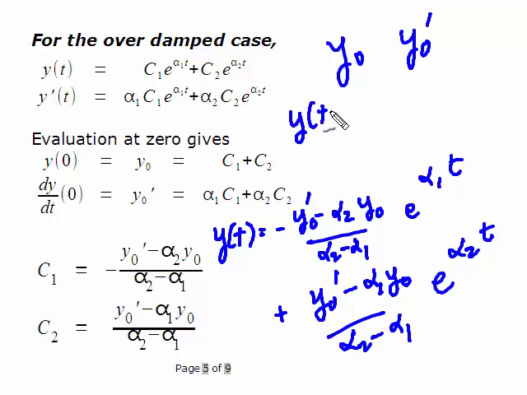You can say y at t0 equals y naught, and then you would just rescale this as t minus t naught in the exponent of e. So you can handle a different start time than 0, but it's just as easy to write it in terms of 0. So that's for the overdamped case.